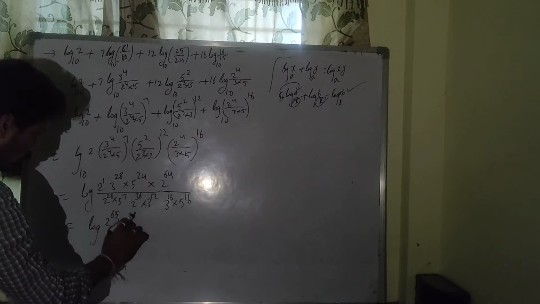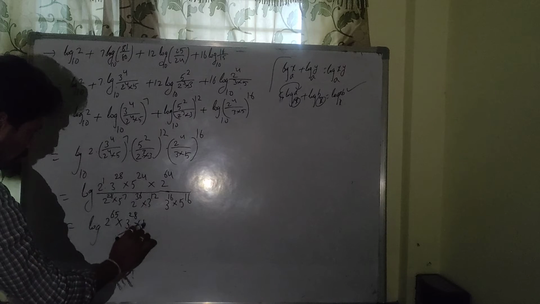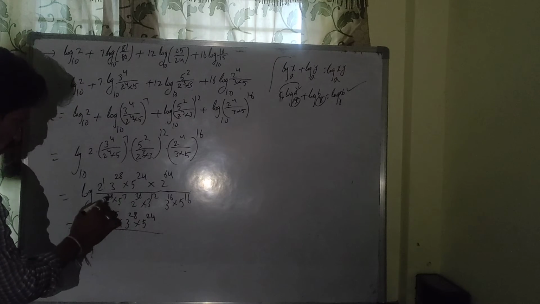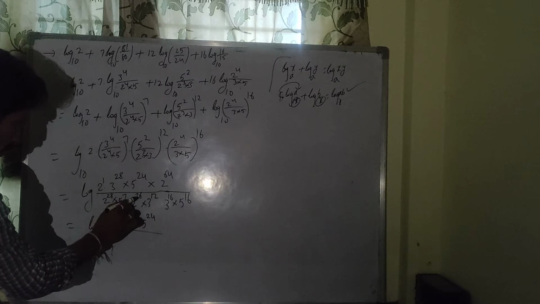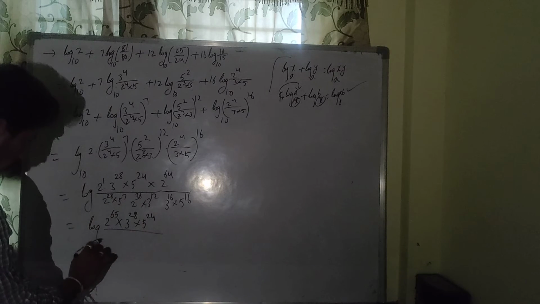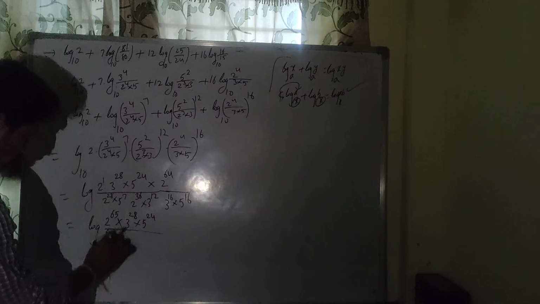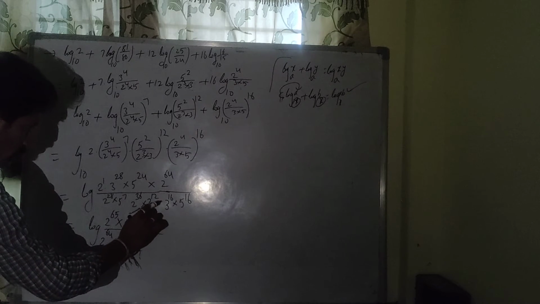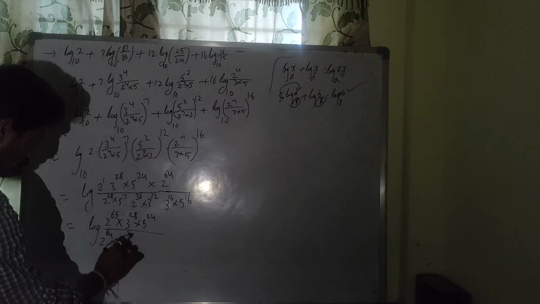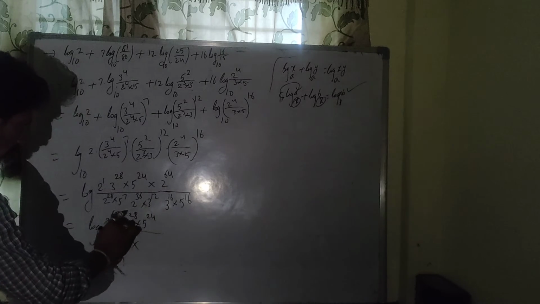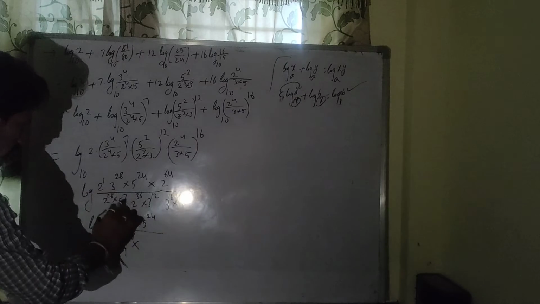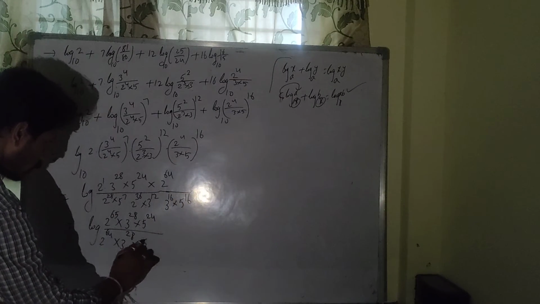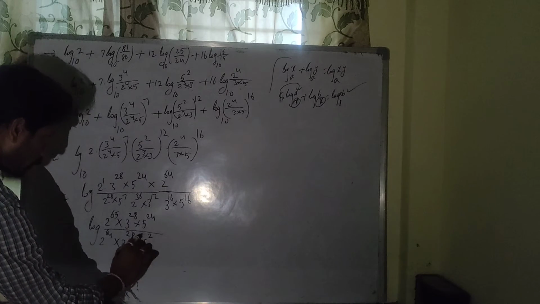So 3 power 28 here into 5 power 24 by 2 power 28, 2 power 36, 50, 58, 64. So 2 power 64 into, here with the 3 is 3 power 12, 3 power 16. That means 3 power 28 into, here with the 5s, 5 power 16, 5 power 7. So 5 power 23.